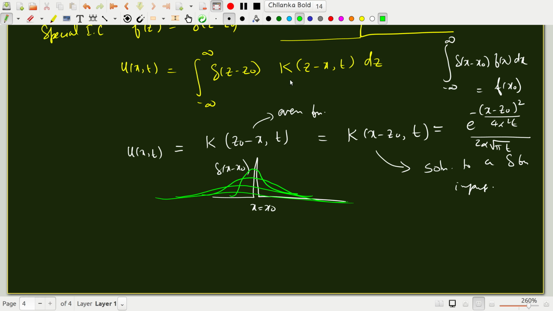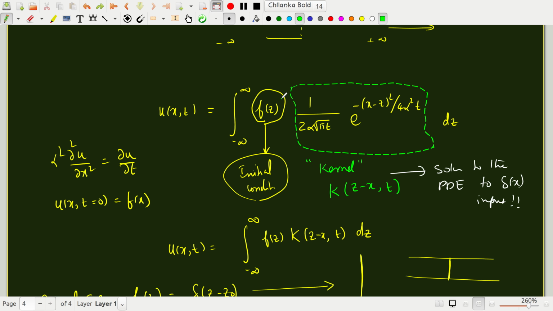Now this way of writing the solution, where you write the solution to a PDE or ODE in terms of an arbitrary initial condition, what is k of z minus x, t?